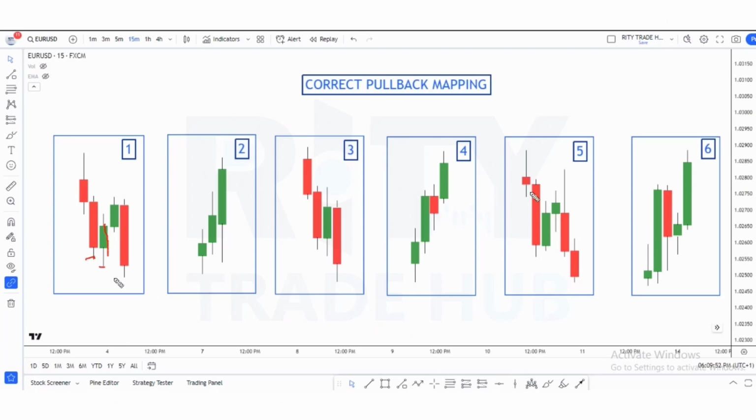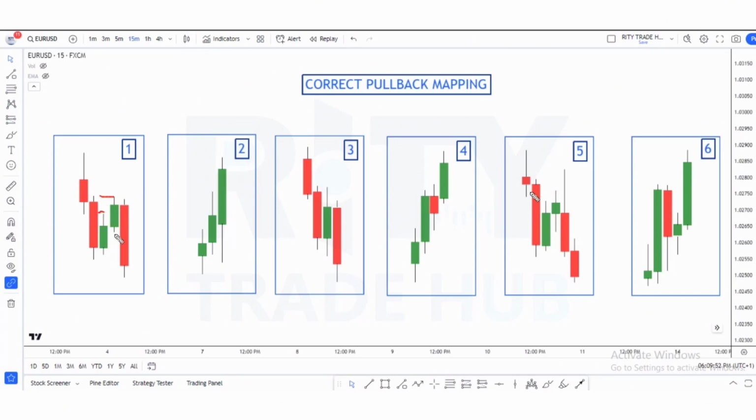And I hope you're following. If it did not take out the low, let's say we have something like this, where the low of this candle is higher than the bearish candle, the pullback candle, and it did not sweep it or close below it, then this pullback is invalid. It is invalid irrespective of the fact that the high of the bullish pullback candle took out the high of this other candle.